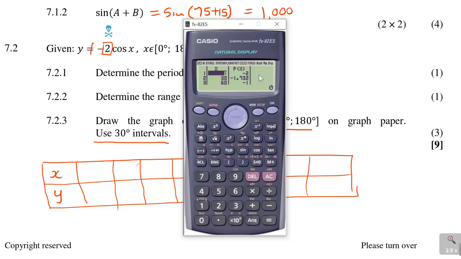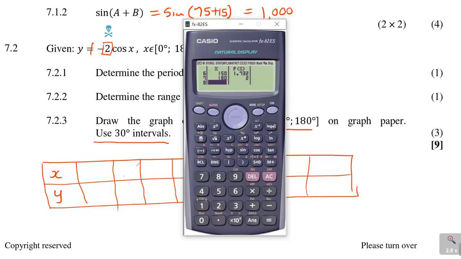For example, 0, that's what I'm going to be writing here. Let's just remember them. I've got 0, 30 won't do because you see there is a lot of decimals. I will jump to 60, then I'll use 90. So that I don't forget them, it's 0, 30 will not do, then it's 60, it's 90, it's 120, 150 will not do, but 180 will do.